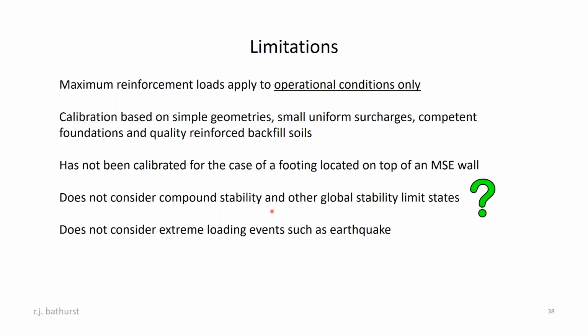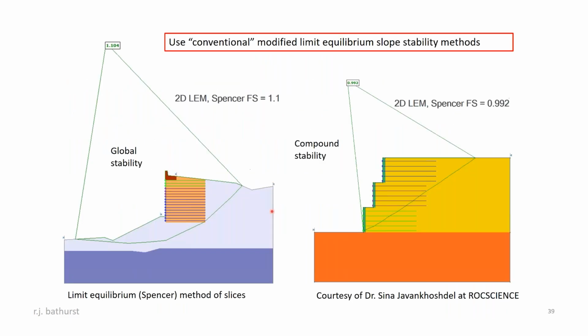So you may ask yourself, well, how do I consider these other compound or global stability limit states? Well, essentially, one can use, I hate to use the word conventional, but familiar limit equilibrium slope stability methods, but modified to include the contribution of reinforcement layers where they intersect critical failure mechanisms.